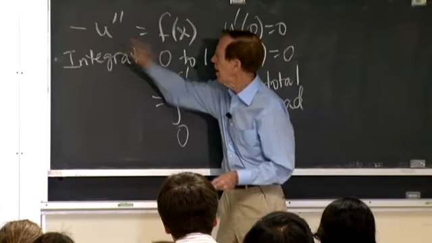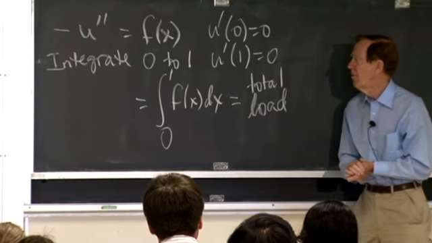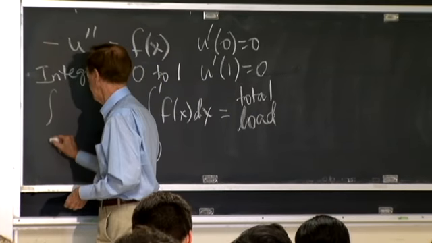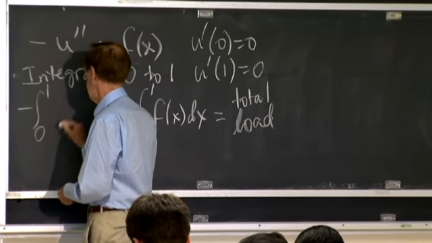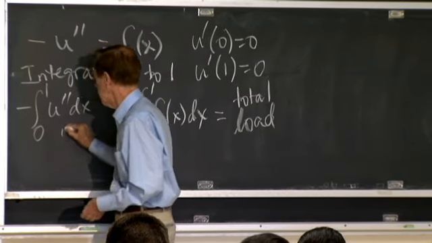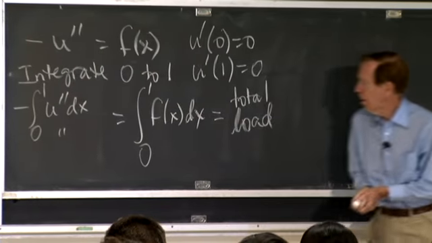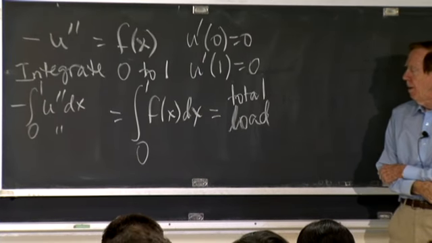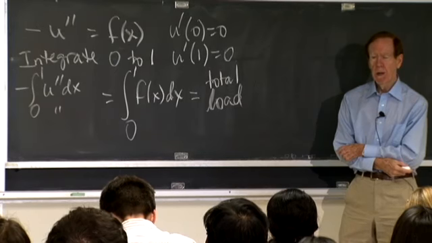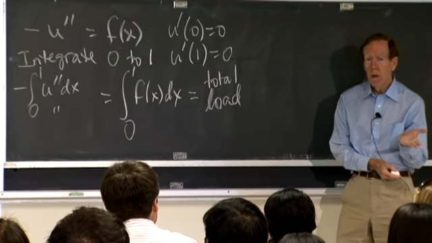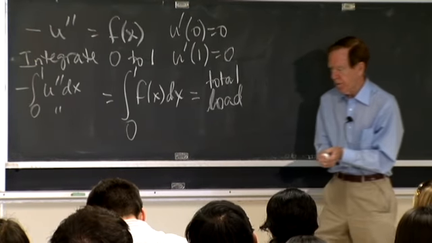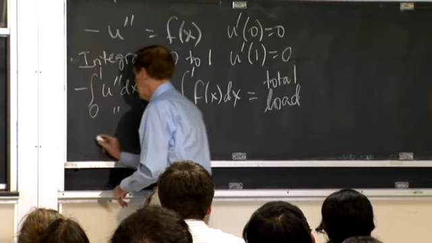What happens when I integrate the left side from 0 to 1? Can you do that one? The integral from 0 to 1, there's a dopey minus sign, u double prime dx. What do I get? Why do I say that's a good idea? If I integrate the second derivative, I get the first derivative, with the minus.